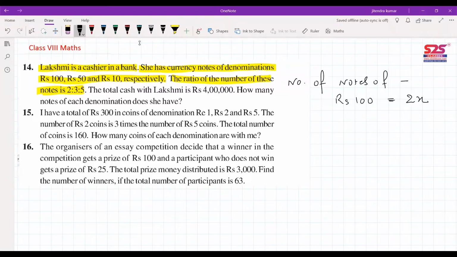So rupees 100 is 2x, rupees 50 how much will it be? And how much will be rupees 10? Half 4x.